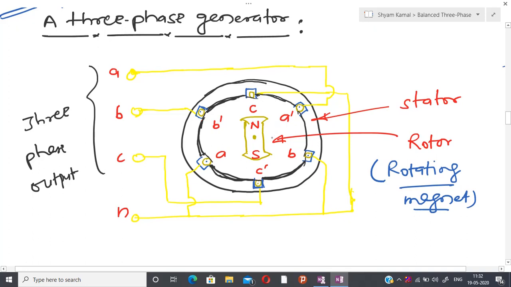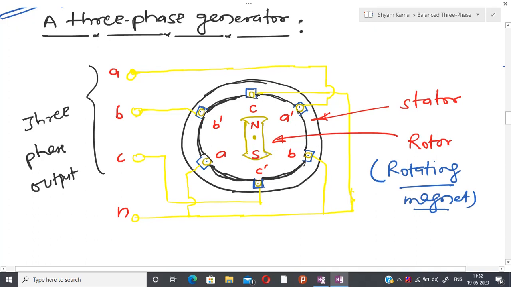And you already know the principle that as the rotor rotates, its magnetic field cuts the flux from the three coils and induces voltage in the coils.